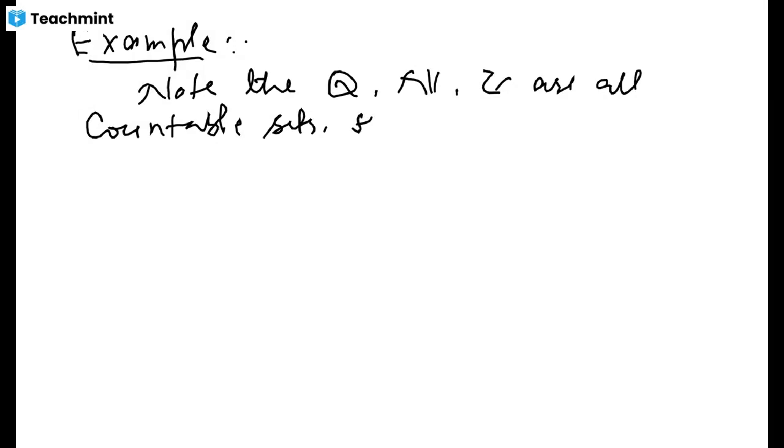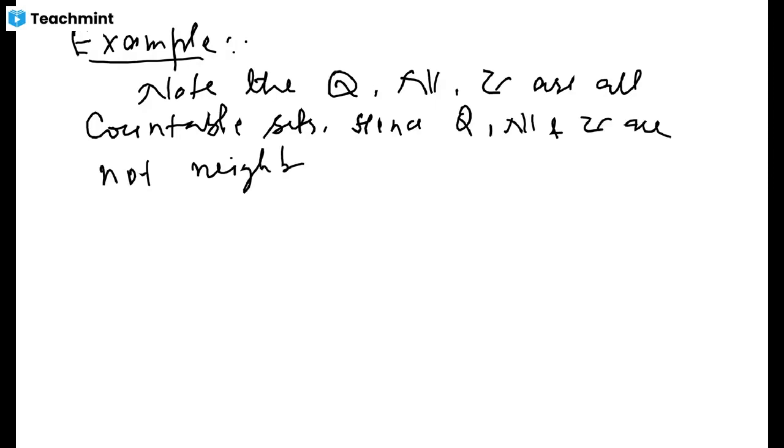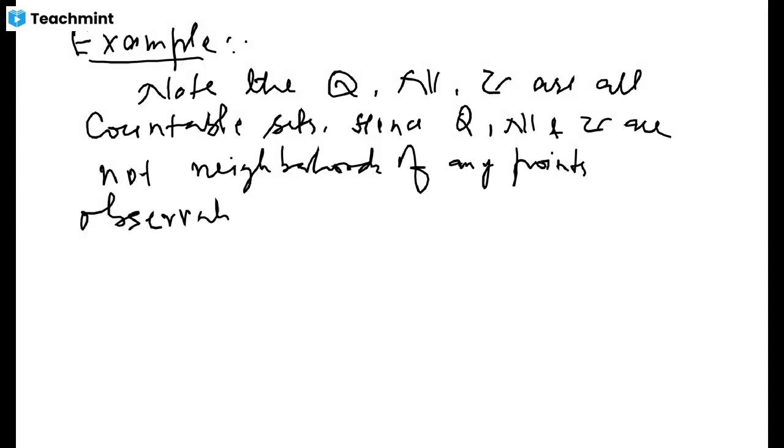Hence, these sets Q, N, and Z are not neighborhoods of any point. Another observation you might see will also help you identify whether a given set is a neighborhood or not.